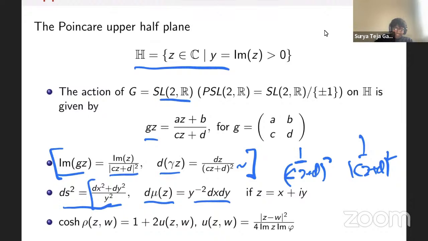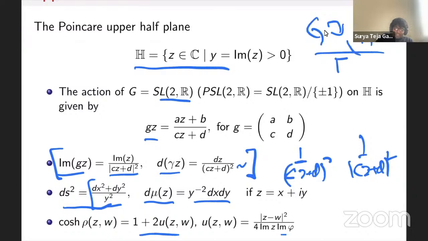There are some quantities that describe the distance on the space. So G acts on this H.